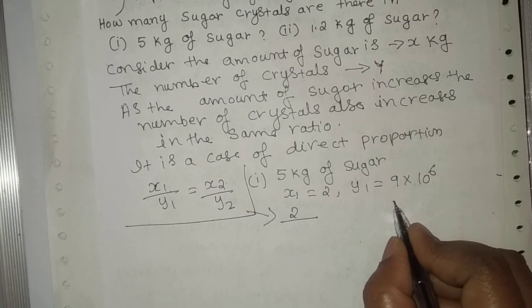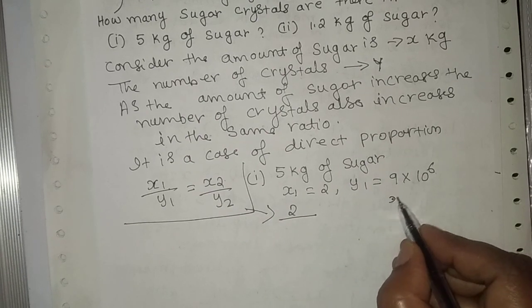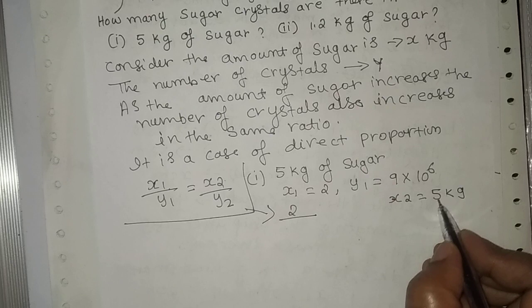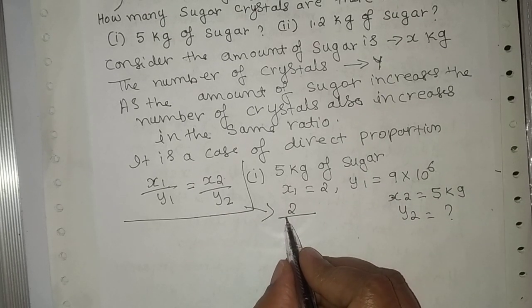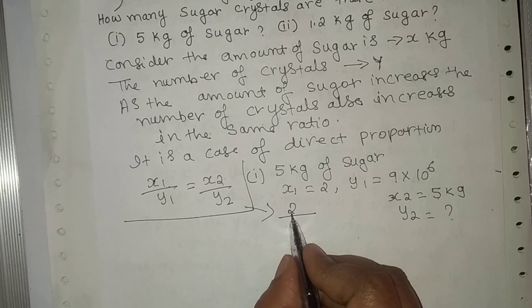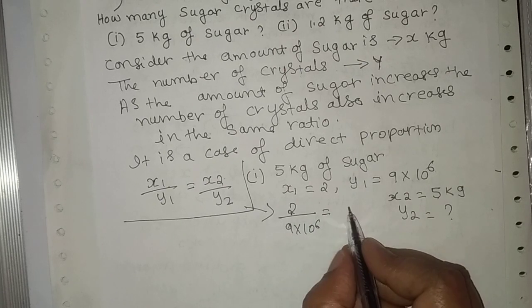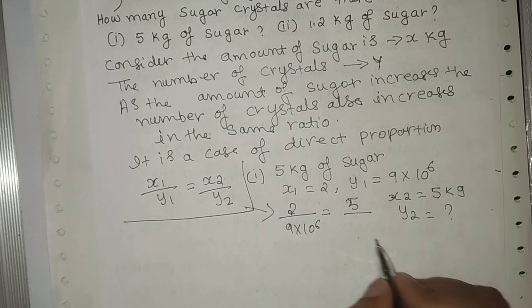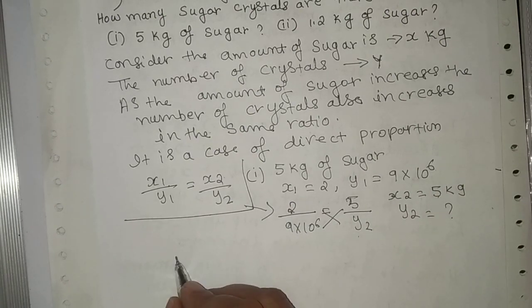They have given us 5 kg. Therefore x2 is equal to 5 kg. Then we have to find out y2. Therefore next substitute this: 2 by 9 into 10 power 6 is equal to 5 by y2.